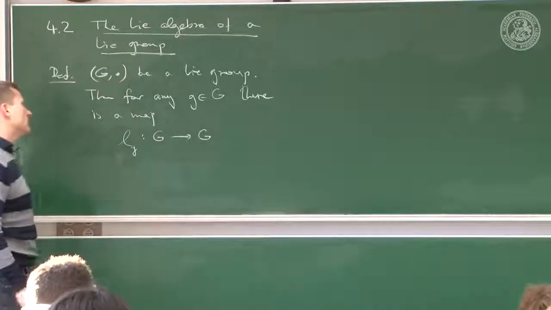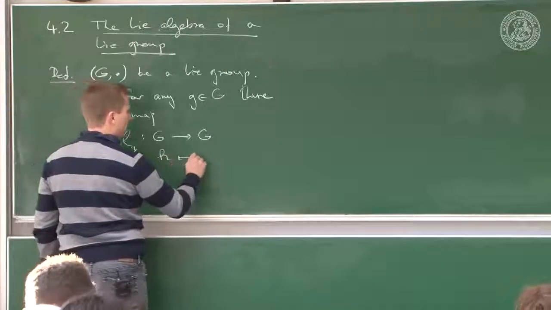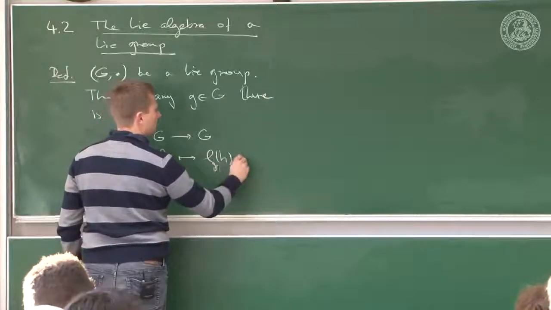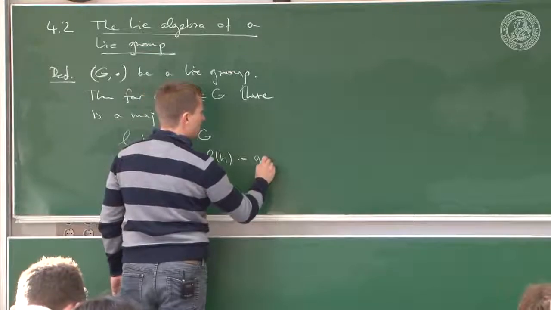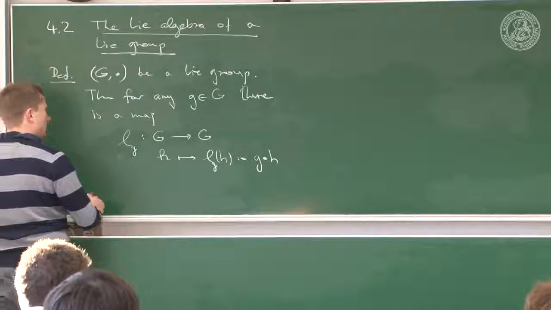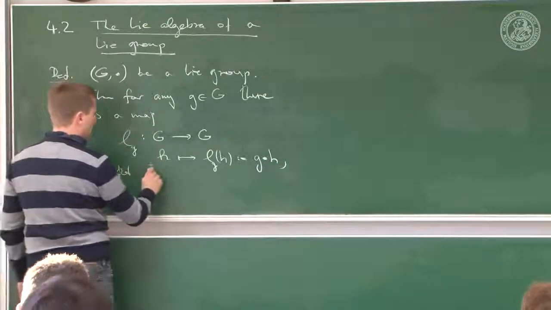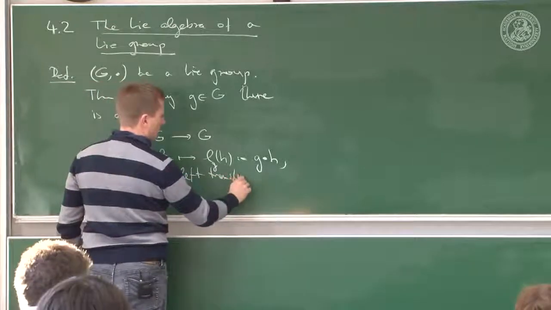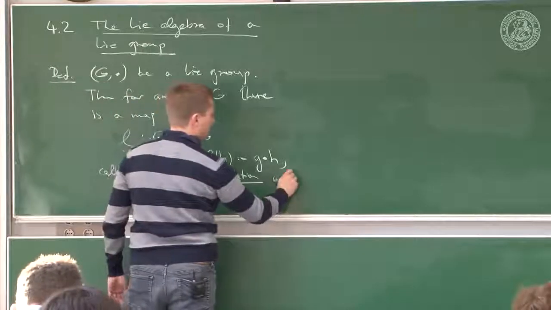It maps you from the group into the group, and it takes an element h of the group, and it maps it to the element L sub g of h, and that very simply, and what else should it be, is g blob h. Then there is a map called the left translation with respect to g.